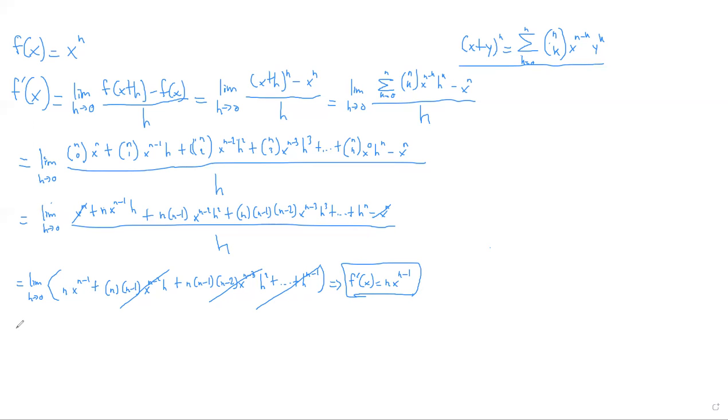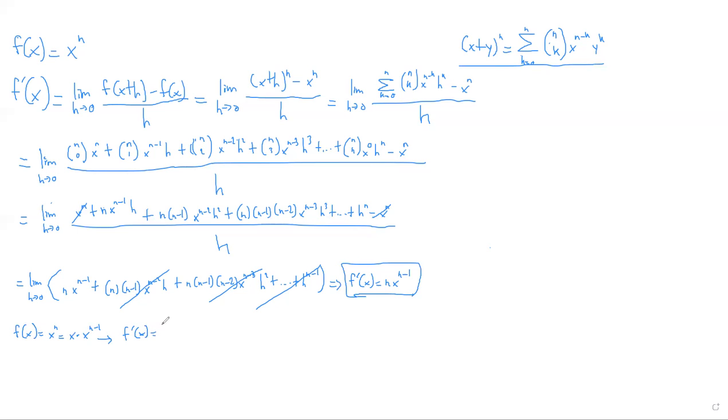The second way to find the proof is by using the product rule. So f of x is x to the power of n, which is x times x to the power of n minus 1, which makes sense, right? And we just treat x and x to the power of n minus 1 as two products, and then apply the product rule.